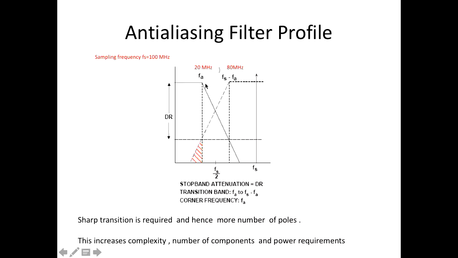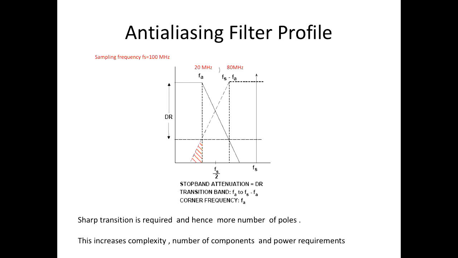In that case you need a very high order filter to meet this requirement, because this is a very sharp region. A sharp transition is required and hence more poles. This increases the complexity, number of op amps and power requirements.